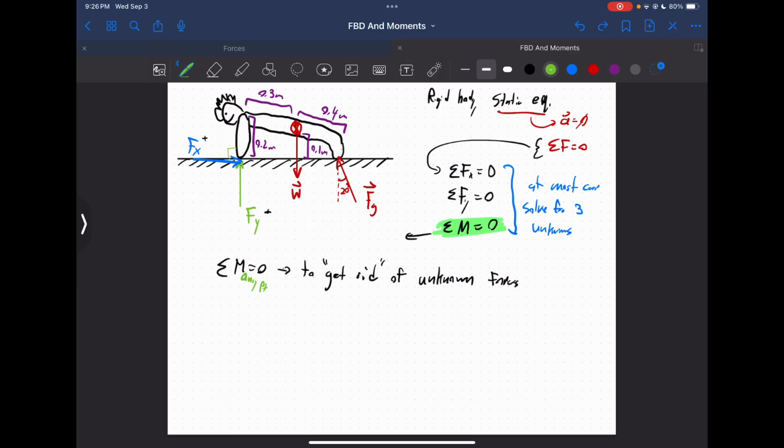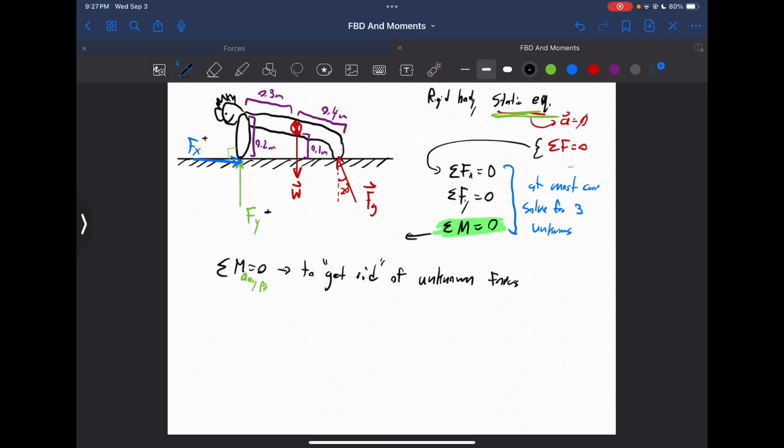He's not rotating at all. So no matter what point you choose, the sum of moments, or you can think of it as the sum of rotational forces, equals 0, because if the sum of moments did not equal 0, that would mean he's rotating. And we assume static equilibrium, so he's not rotating, and so we can choose any point.